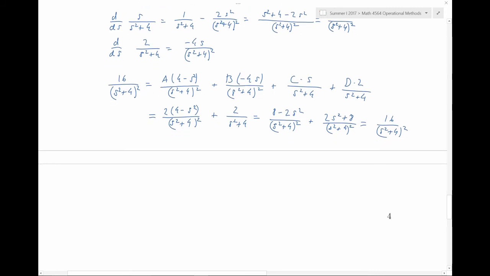Therefore, the inverse Laplace transform of 16 over (s squared plus 4) squared becomes 2 times the inverse Laplace transform of the derivative of the Laplace transform of cosine, plus 1 times the inverse Laplace transform of 2 over s squared plus 4, which corresponds to sine.